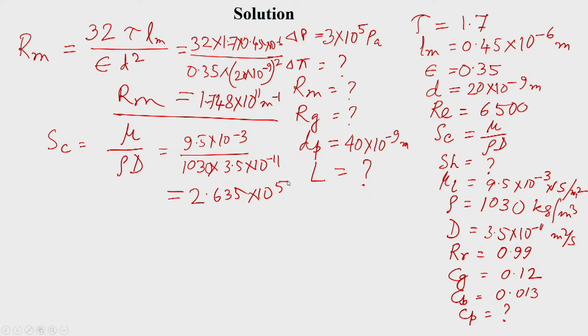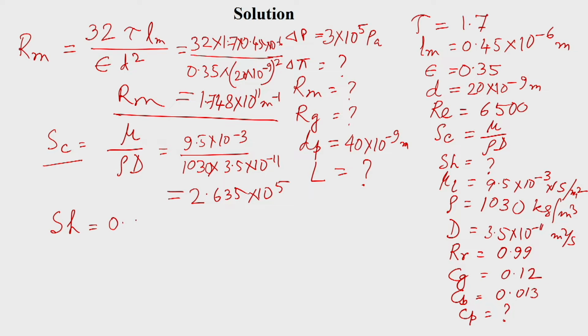So, now we have the Schmidt number, and we can calculate the Sherwood number, that is the correlation for Sherwood number in this high turbulence zone, say at 6500 Reynolds number.